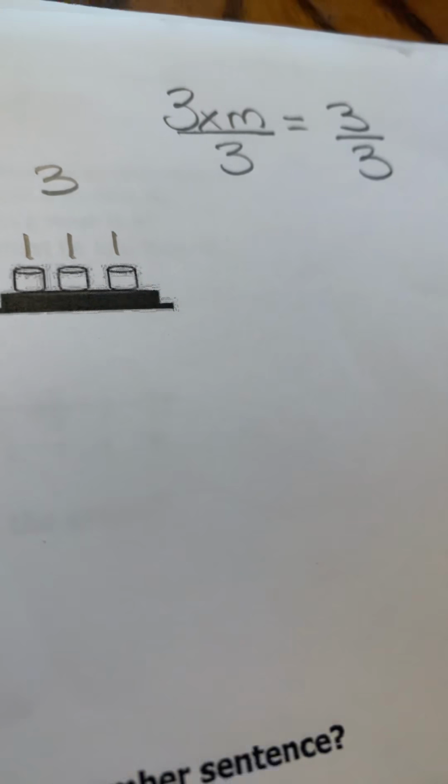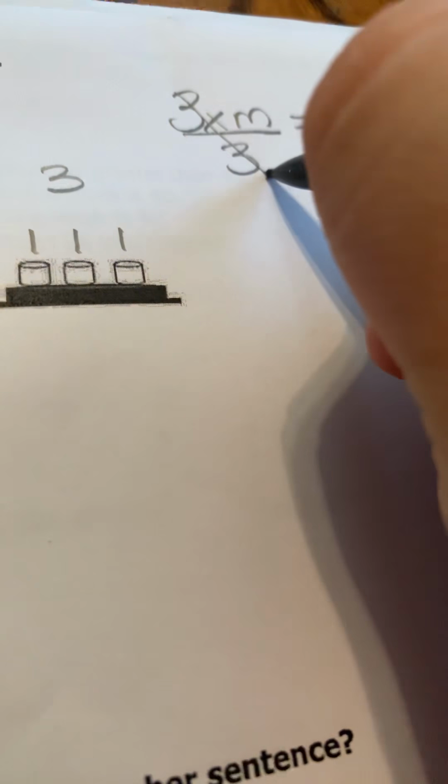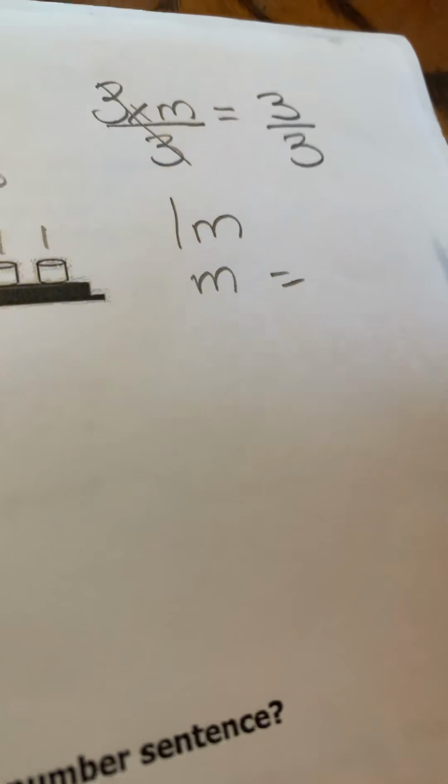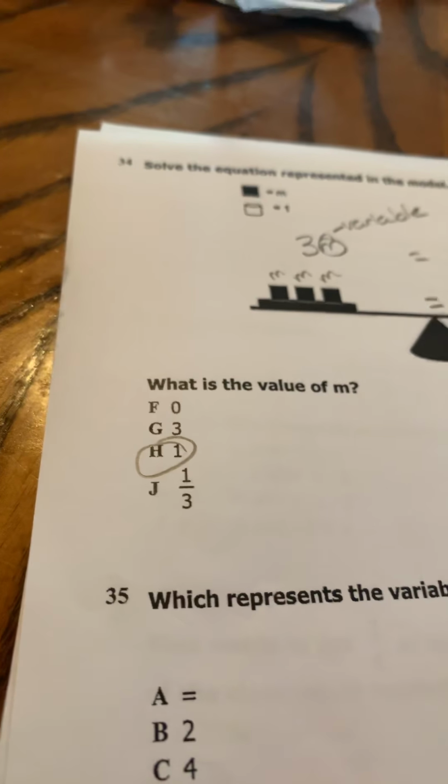So I got to do the opposite of multiplication. The opposite of multiplication is division, so I'm going to divide by 3. Divide by 3. That cancels out. 3 divided by 3 is 1. That's 1 times M, or just M. 3 divided by 3 is 1. So I know my answer is 1.